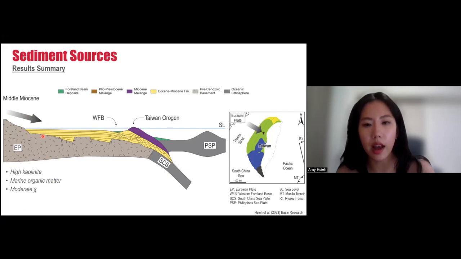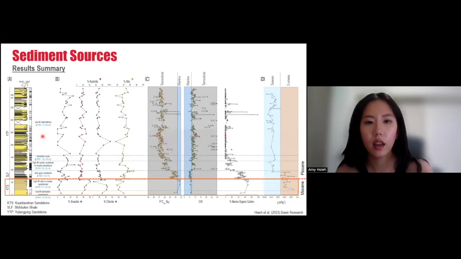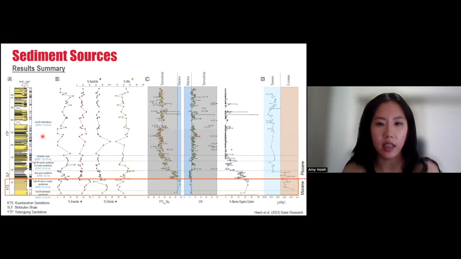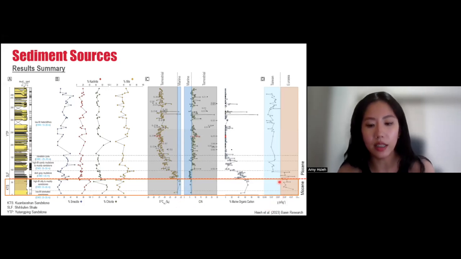They would also have higher magnetic susceptibility due to an enrichment of magnetic minerals in the source rocks. We see this manifested in the Guandaoshan Sandstone, where the proportion of kaolinite is relatively high while illite is relatively low. The geochemical signature is fully marine and magnetic susceptibility is high.